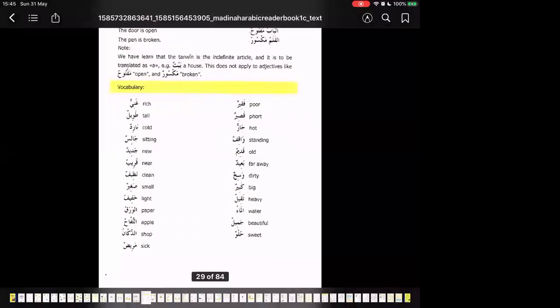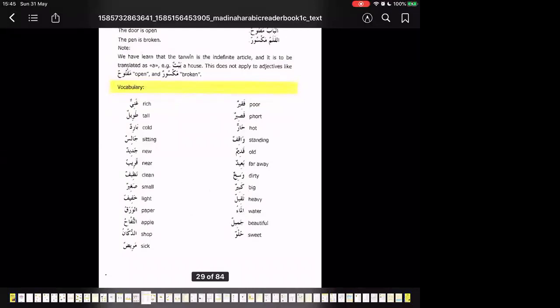But when it is a common noun, like house, baytun will translate to a house. And then here we have all the Arabic words, and the English words that go with them.